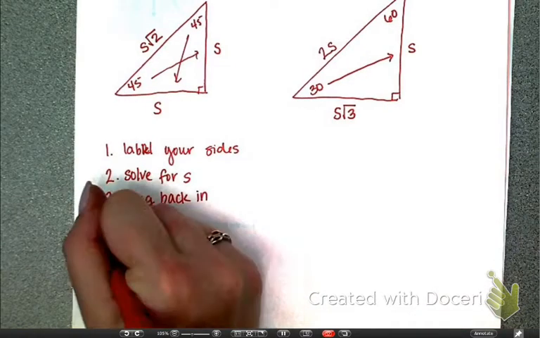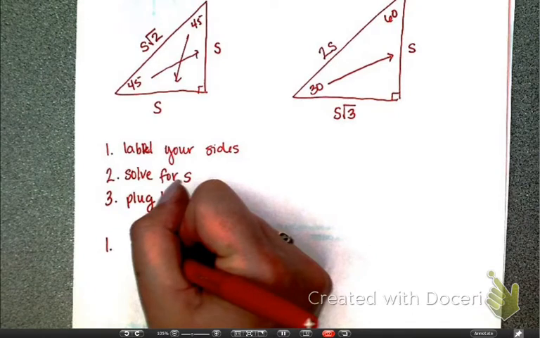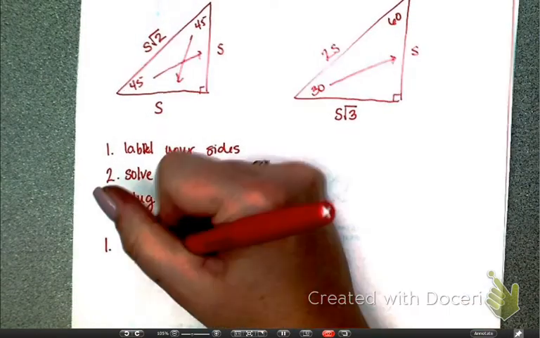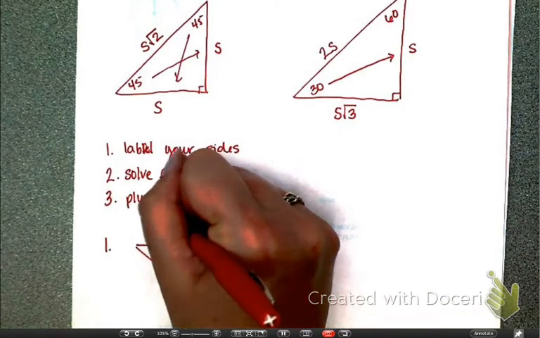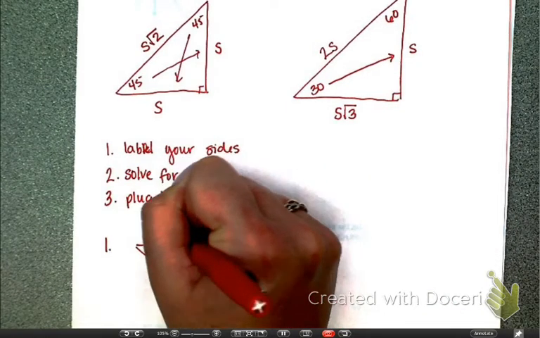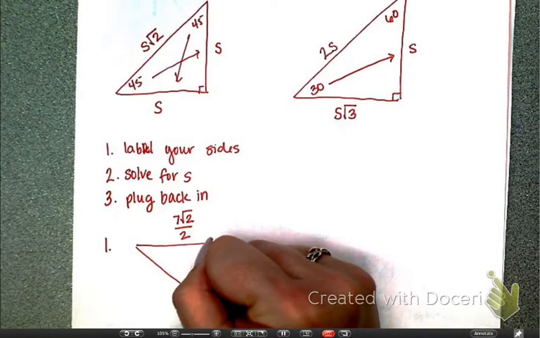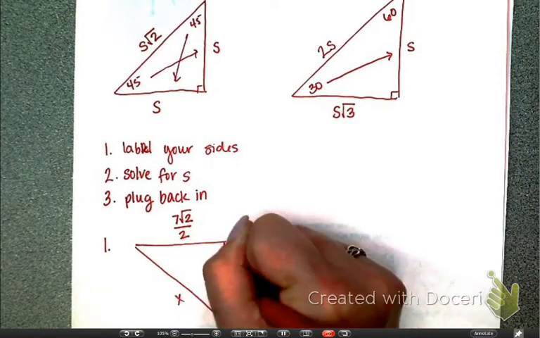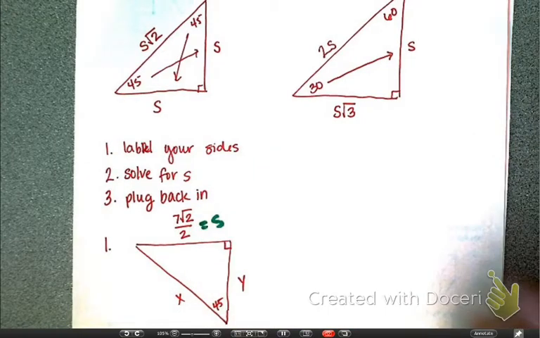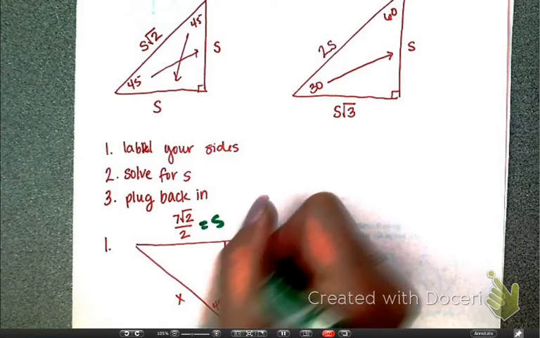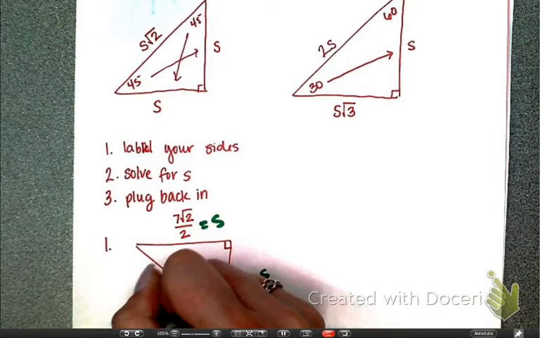Okay, so let's look at number one. The given side is 7 radical 2 over 2, and we are solving for x and y. Again, first step is to label your sides. Across from 45 is S. Across from 45 is S, across from 90 is S radical 2.